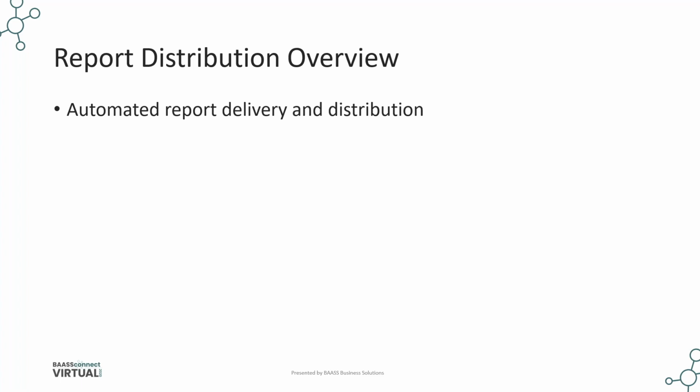Or if you run a report on a frequent basis, we can have the distribution instructions set up with the report template. And together with the Windows Task Scheduler, Sage Intelligence will automatically run the reports based on the schedule and instructions and distribute the reports as we preset.